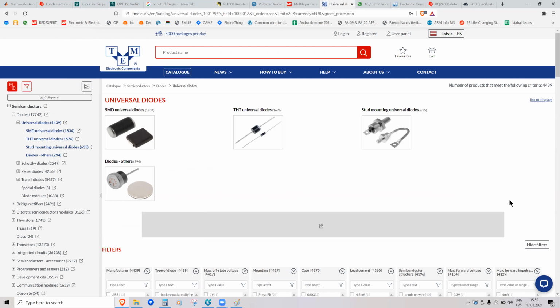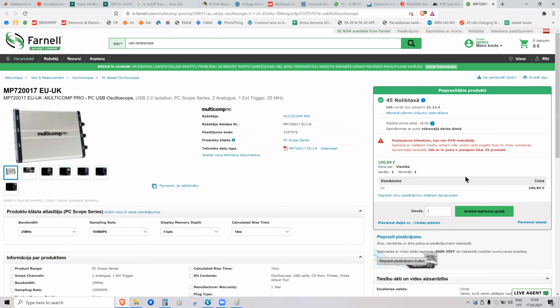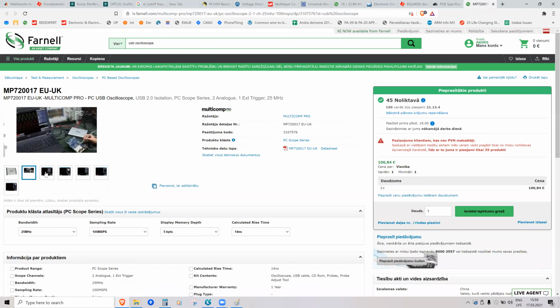Can you check the chat? I have pasted a link. Can you suggest... Let's check it out. So you want to use this oscilloscope to watch some signals in the computer?